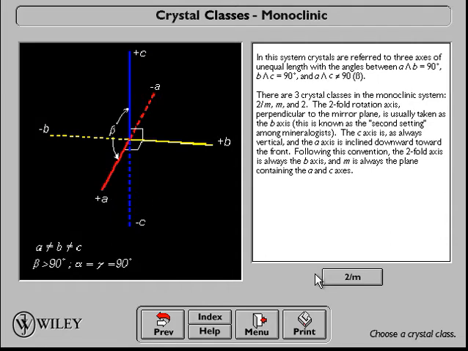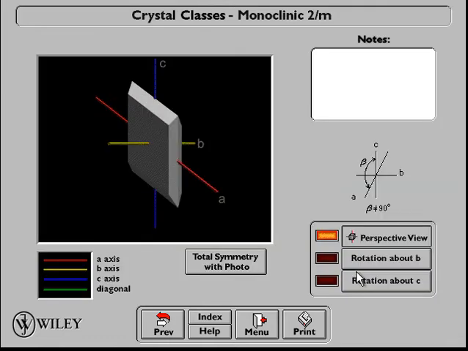So now we have an example from the crystal symmetry 2 over M. So we have a 2 rotation axis and a mirror plane. And here we have the crystal. We have here beta is not 90 degrees, but alpha and gamma are 90 degrees, and the lengths of A and B and C are different.